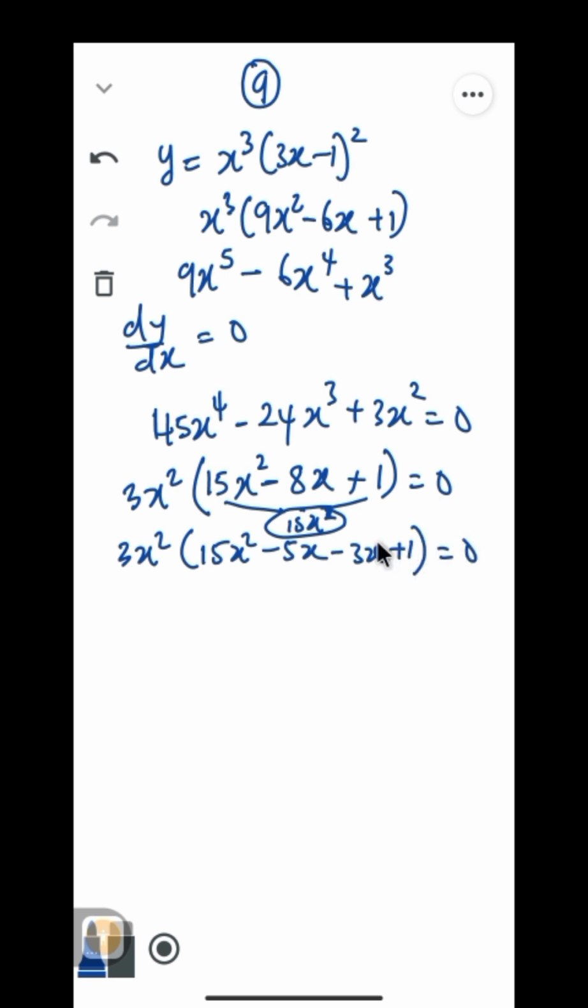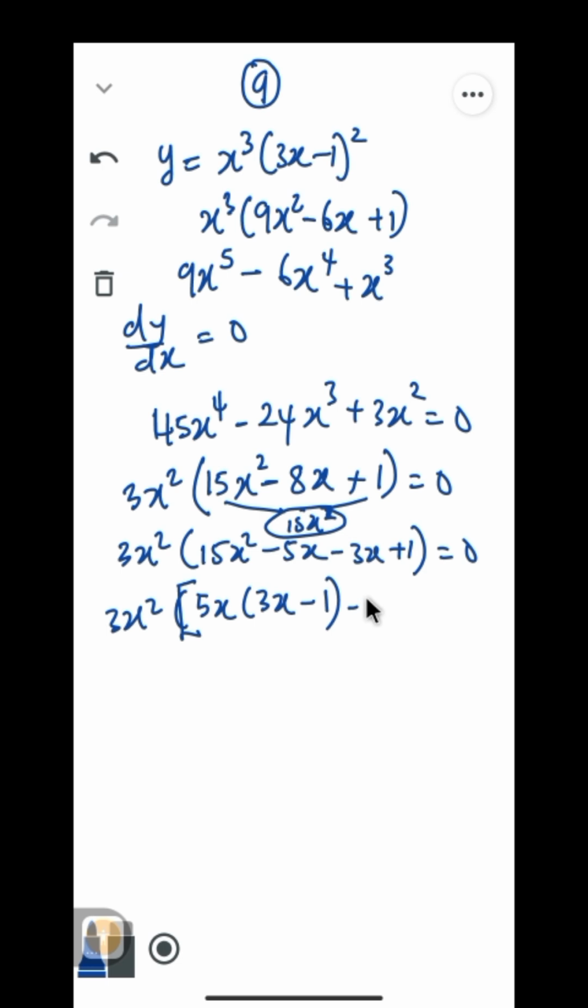We have 3x squared into, let's factorize this now by grouping them. HCF of 15x squared and negative 5x is obviously 5x into, so let me make a bigger bracket here, into, if I remove 5x from 15x squared, I should have 3x remaining, minus 5x into 5x is 1.